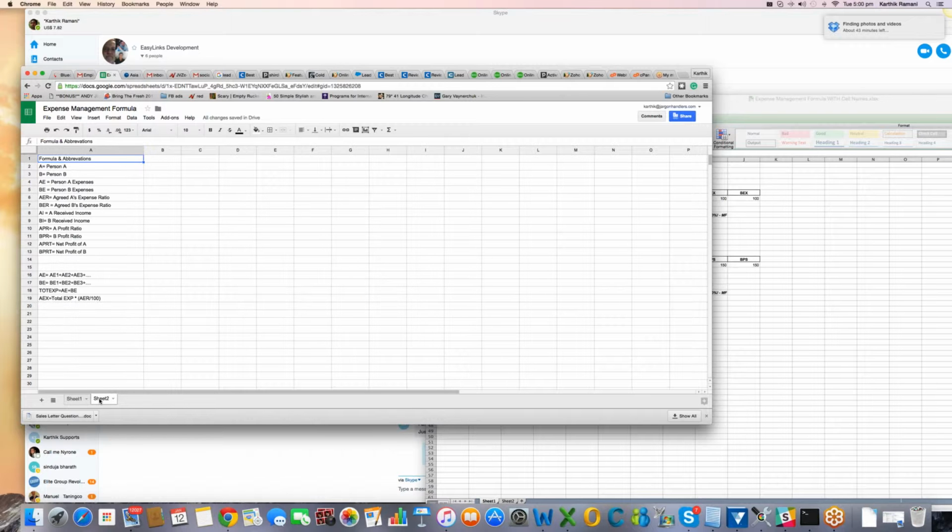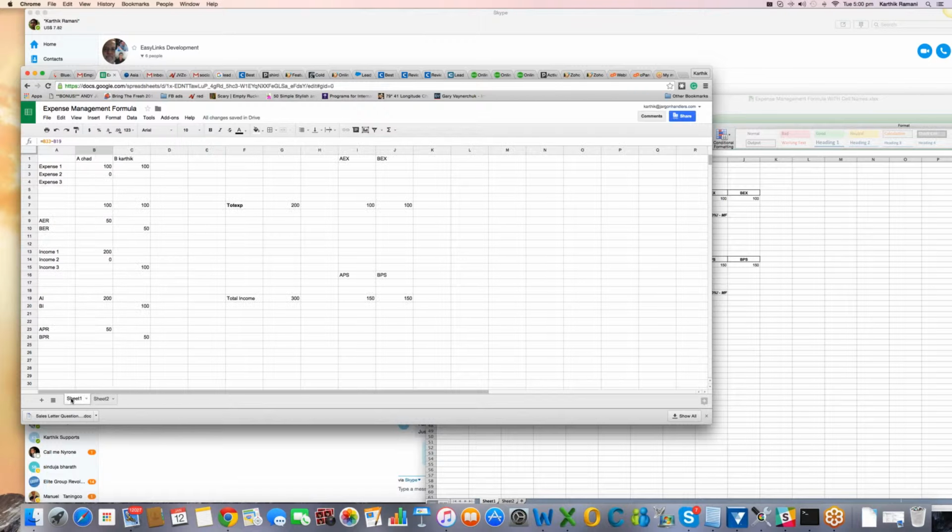Could you just run your figures through that and check that it still adds up? We have lots of data that we use, so we can just put that in. If you run through what data you use there, if you go for A there, expense one, I'll just fill it in here so it's saved with it.